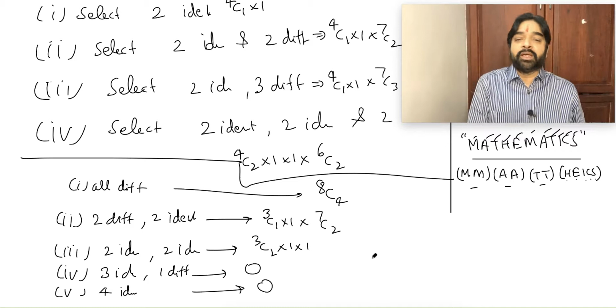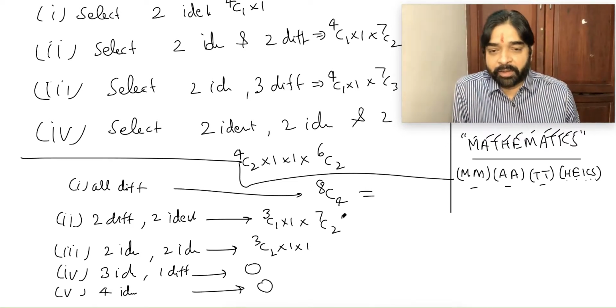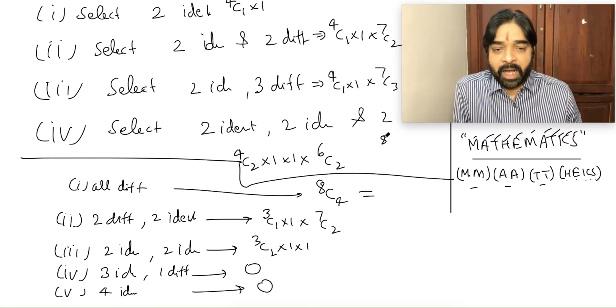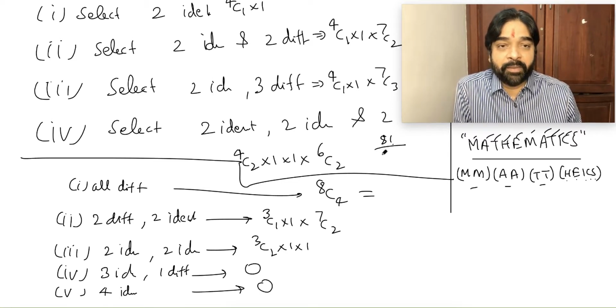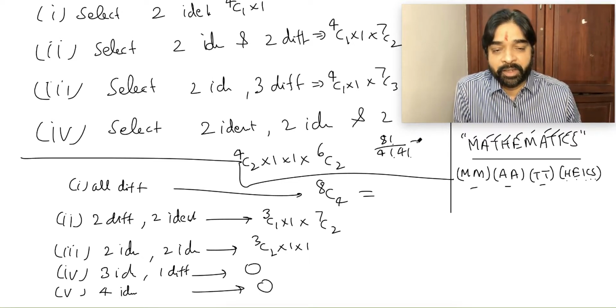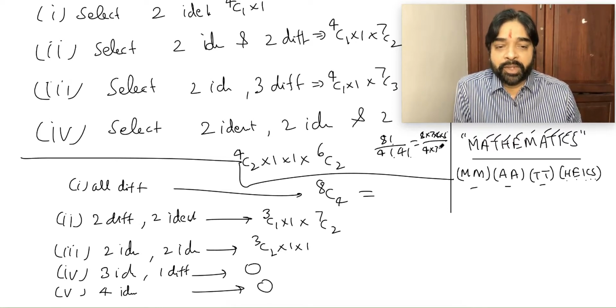So this will be your answer. If you are going to calculate 8C4, how much? I am calculating because this is a JEE question. 8 factorial by 4 factorial into 4 factorial. So 8 factorial, how much? 8 into 7 into 6 into 5 divided by 4 into 3, 4 into 6. 6 cancel. 4 becomes 2, 2, 5, 10, 10, 70.